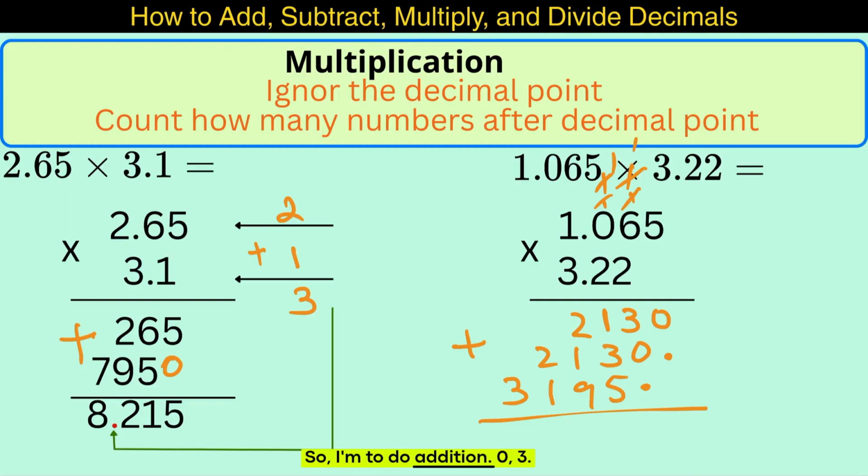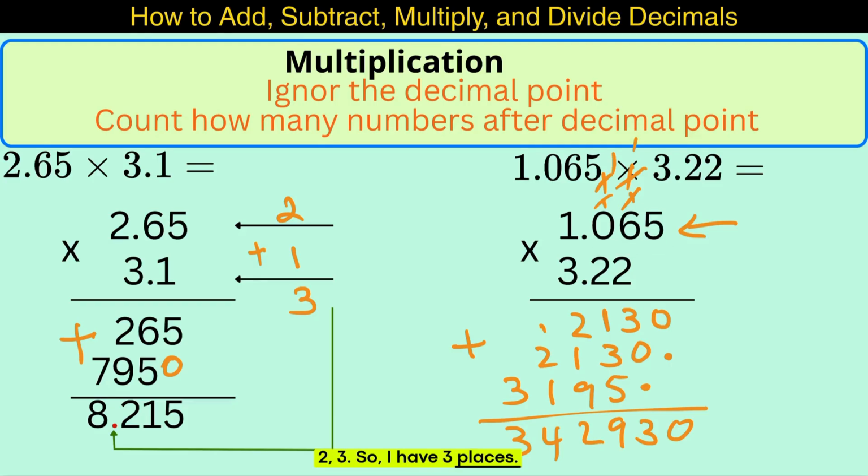So I'm going to do addition. 0, 3. 3 plus 1 is 4, plus 5 is 9. 2 plus 1 is 3, plus 9 is 12. 1 plus 2 is 3, plus 1 is 4, then 3. Now, the places. Here, I have 1, 2, 3.